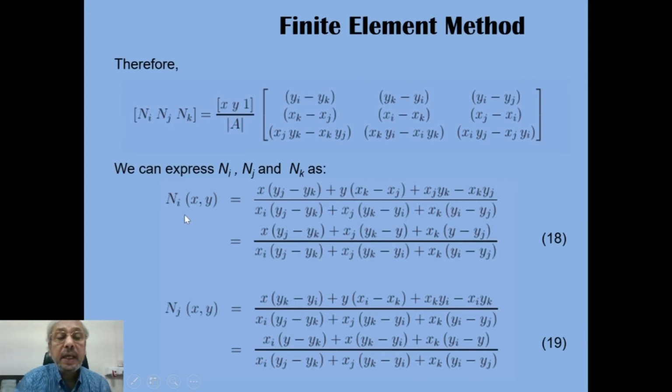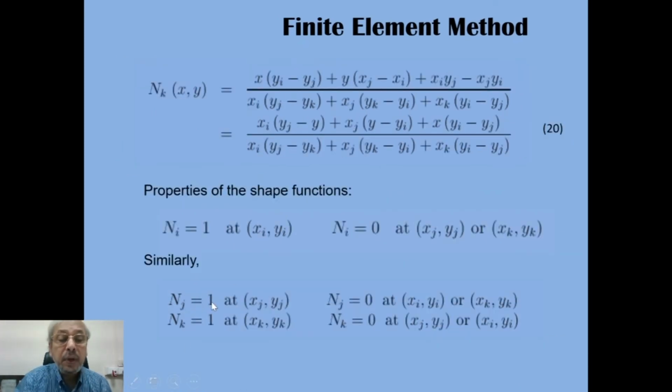But at j and k points, this will be 0. Similarly, Nj will be 1 at point j, but at other points it will be 0. Nk will be 1 at the coordinate xk, yk, that means at the point k, but at other points, j and i points, it will be 0.